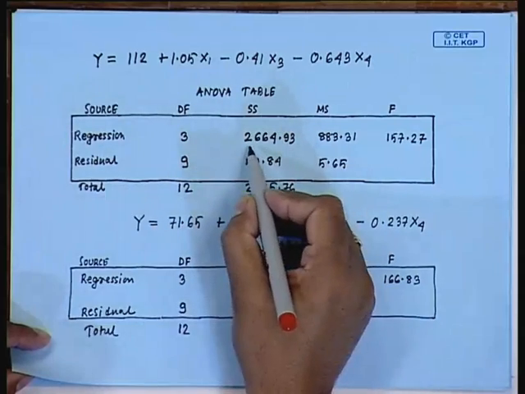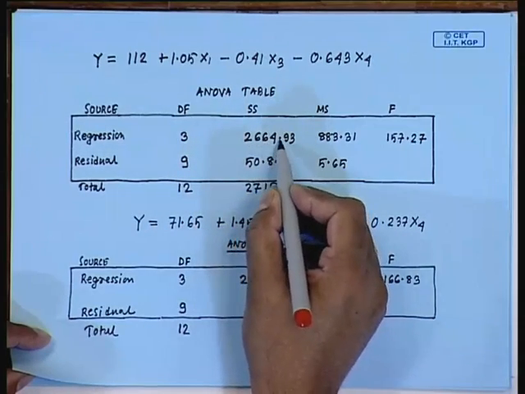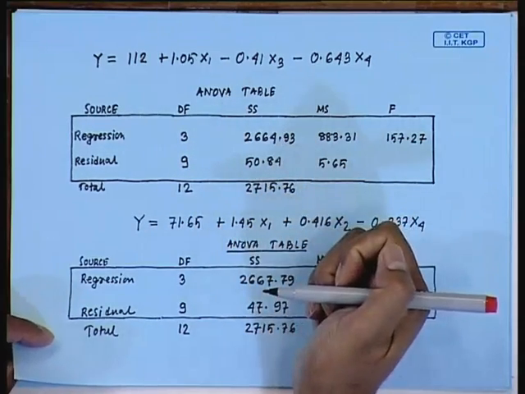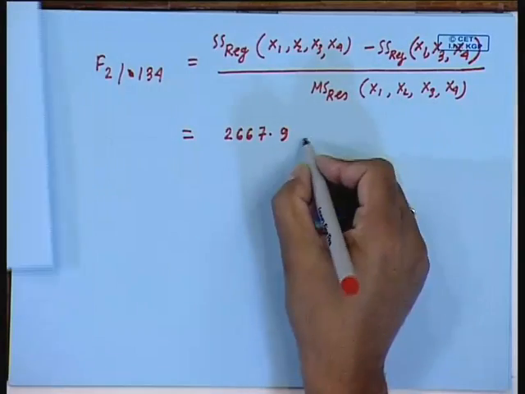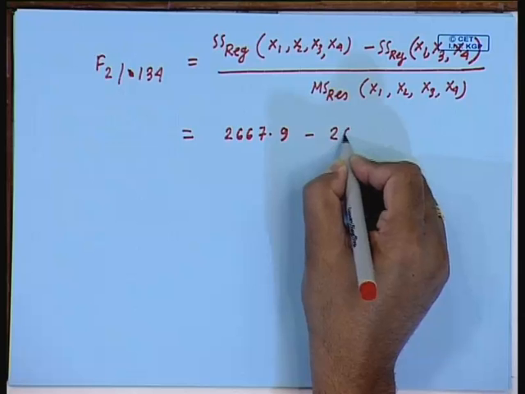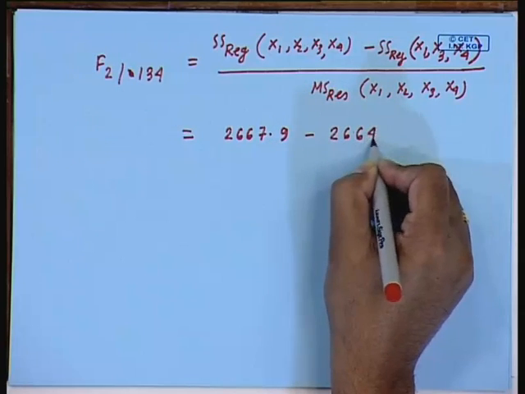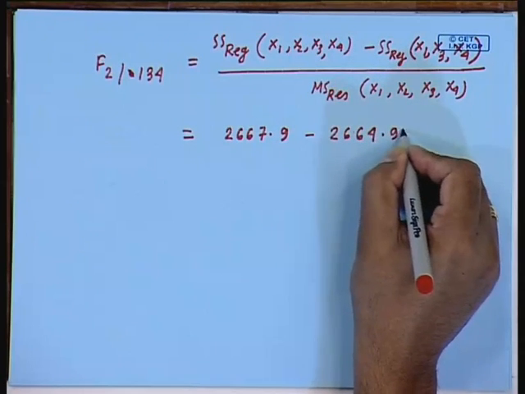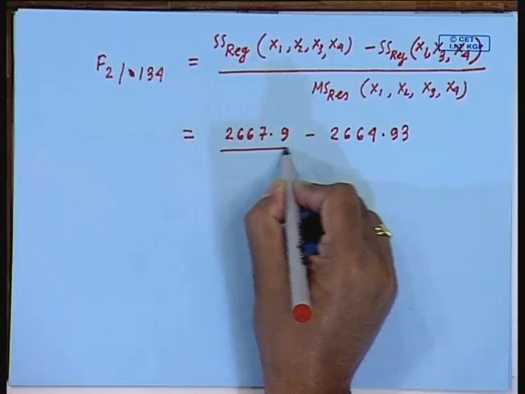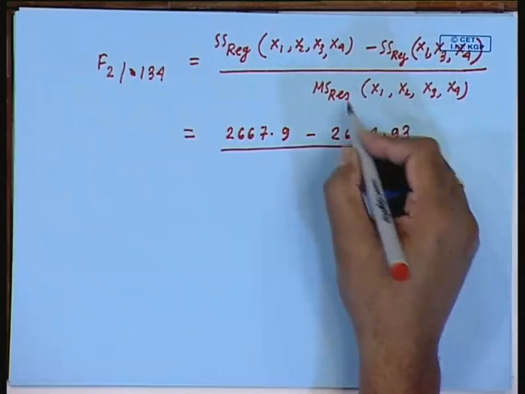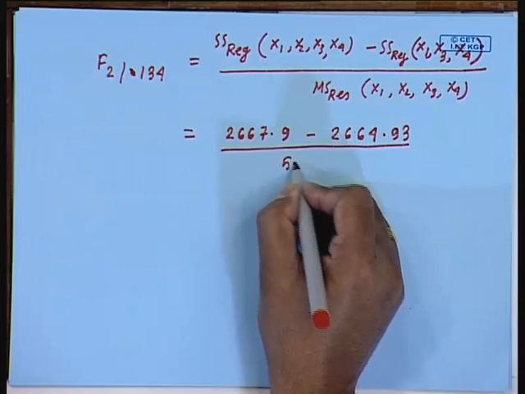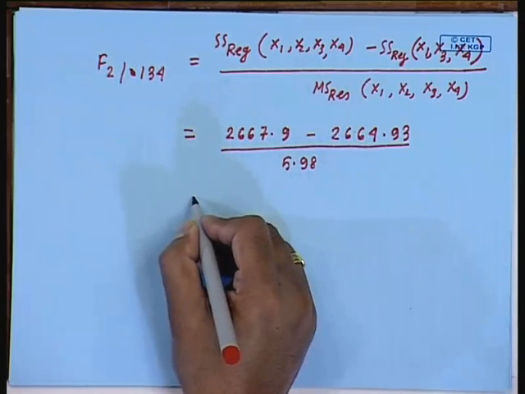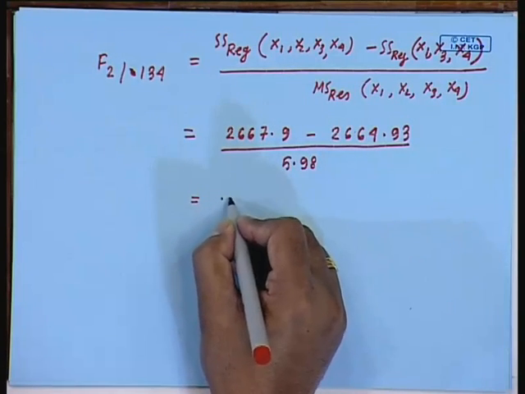So the SS regression is 2664.94, minus 2664.93, divided by the MS residual for the full model, that is 5.98, and you can check that this value is close to 0.50.